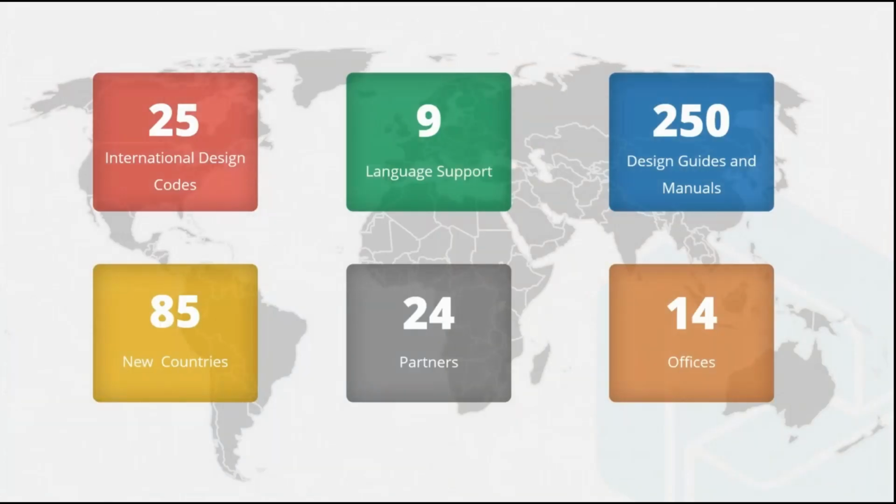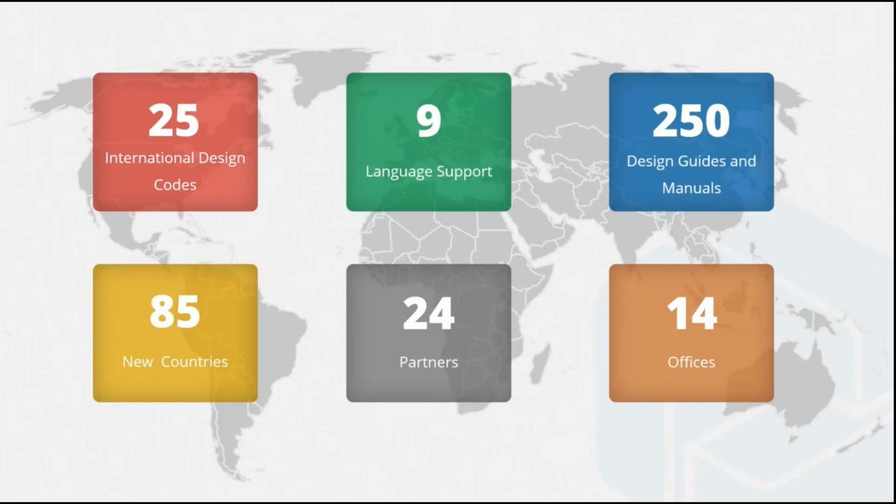Now, here are our numbers, basically just to give you an overview of our organization. We've been expanding our reach around the world, covering 25 international design codes, and we currently have 9 languages. Some of them include Polish, Spanish, Portuguese, Thai, and English. We've also been busy creating design guides and insights into how the software functions.